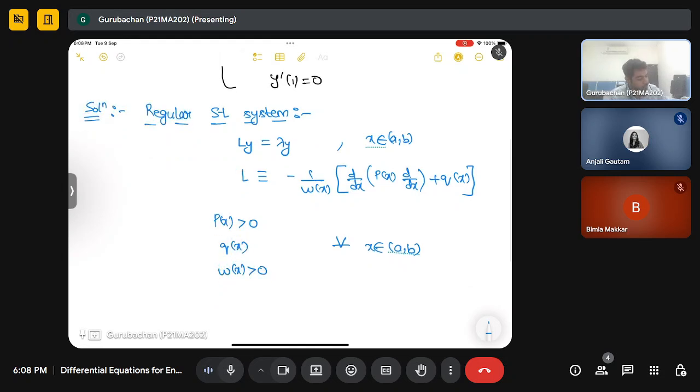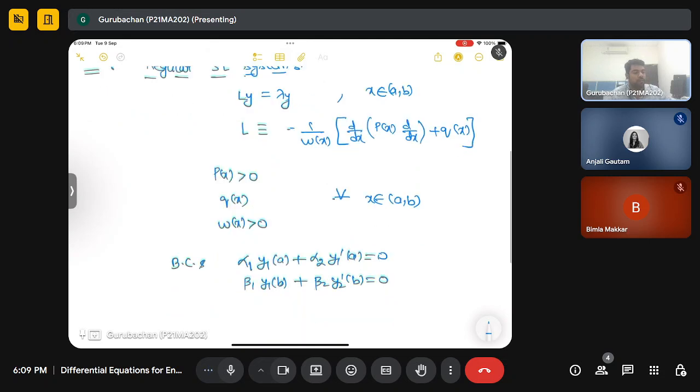And what are the boundary conditions? The boundary conditions are alpha 1 y(a) plus alpha 2 y dash (a) is 0, and beta 1 y(b) plus beta 2 y dash (b) is 0.